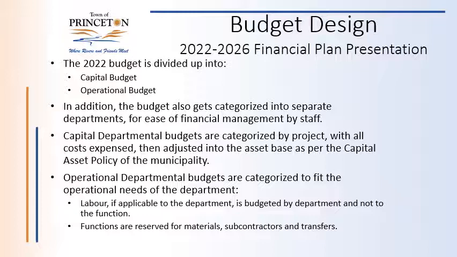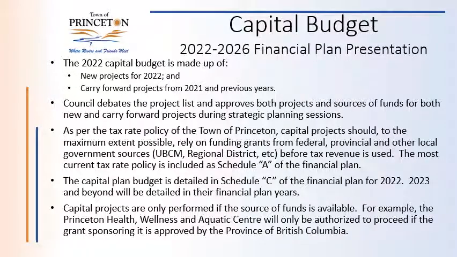Operational departmental budgets are categorized to fit the needs of the department based on basic cost measurement strategies. We try to measure labor by the department if at all possible, and then the functions become line items for material, subcontractors, and value transfers from other departments. And you'll see how that's all structured when we go over the budget itself.